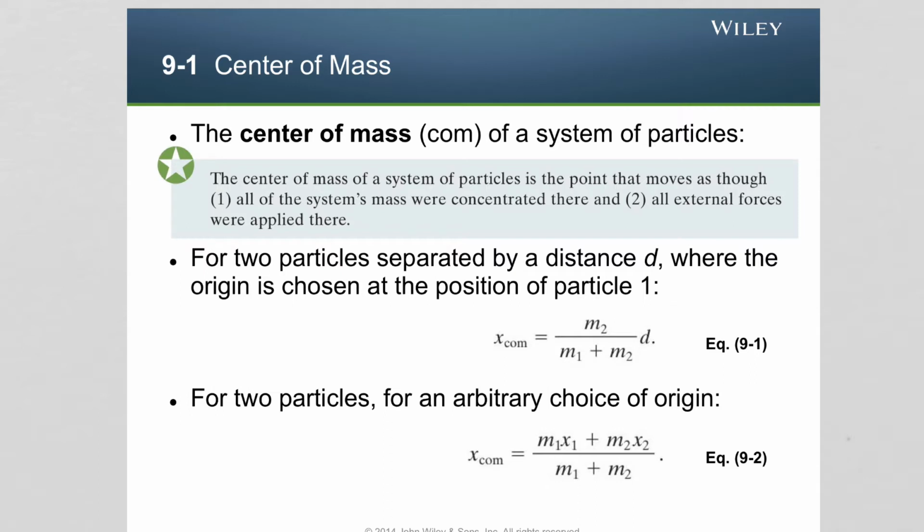And this is the connection between the previous considerations of all finite-sized objects being point particles and the center of mass. So again, the center of mass is a point in space of a system of particles or objects that moves as though all of the system's mass were concentrated there and all external forces were applied there.